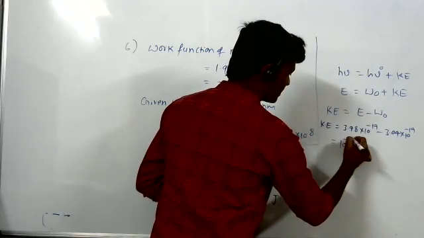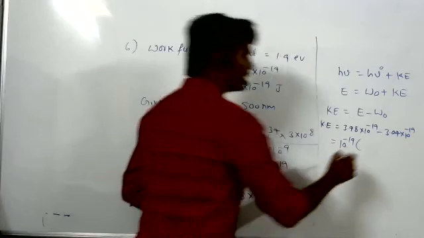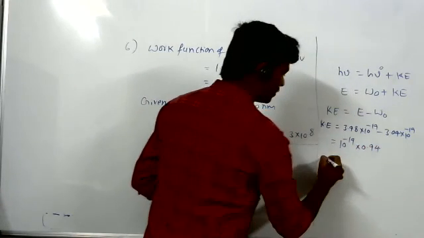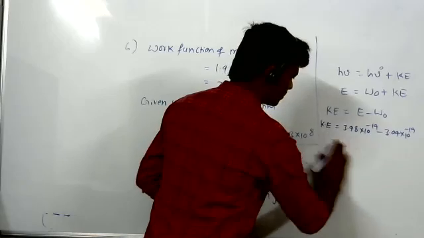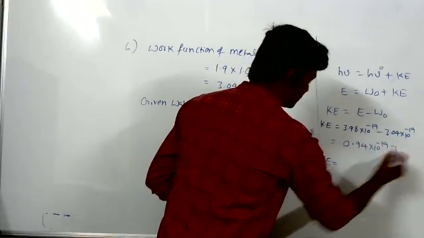Kinetic energy equals 3.98 into 10 power minus 19 minus 3.04 into 10 power minus 19. Taking 10 power minus 19 common, we get 0.94. This is the kinetic energy.